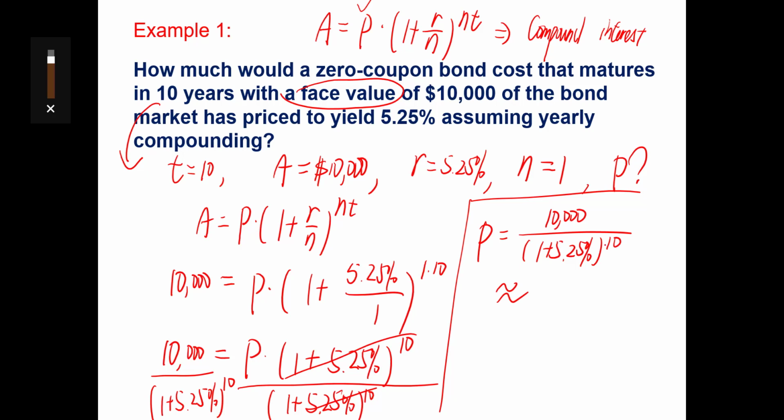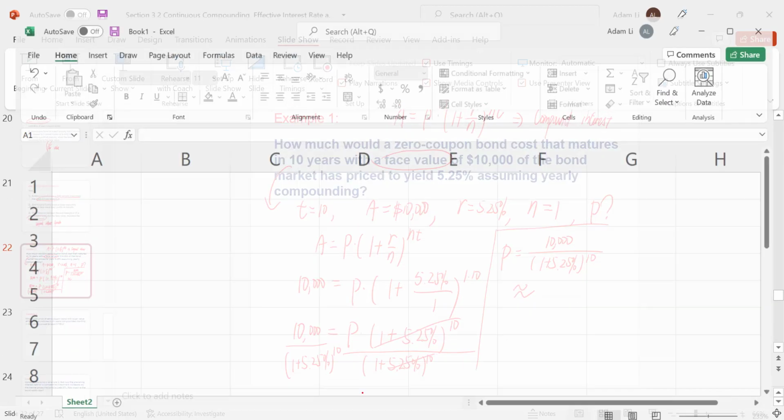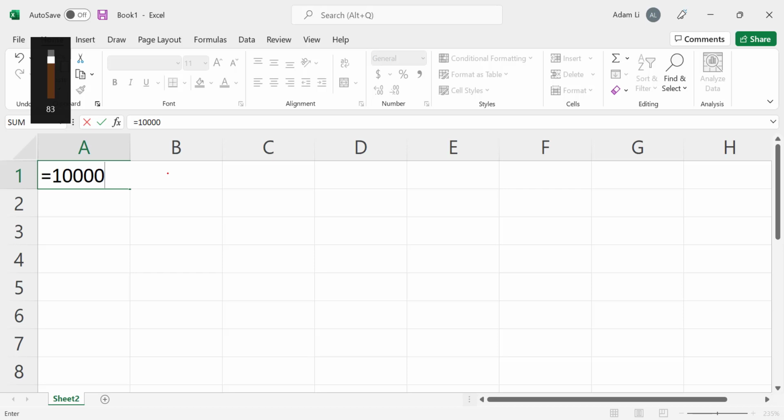So again, we are using Excel to do the work. Okay, so here we go. We put in the equal sign. Now we have 10,000 divided by 1 plus 5.25% raised to the 10th power.